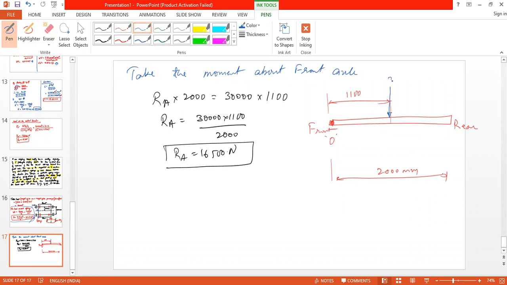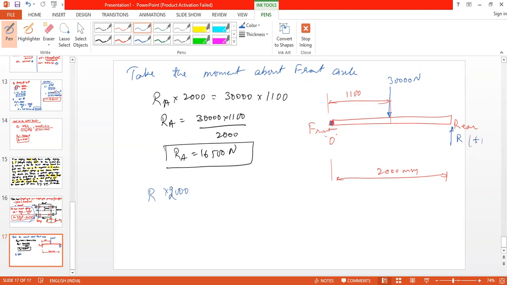This is where the 30,000 Newton load is acting, and there will be a reaction and a force about the CG. It is R multiplied by the perpendicular distance, 2000.